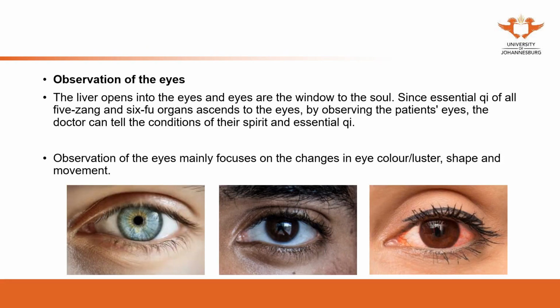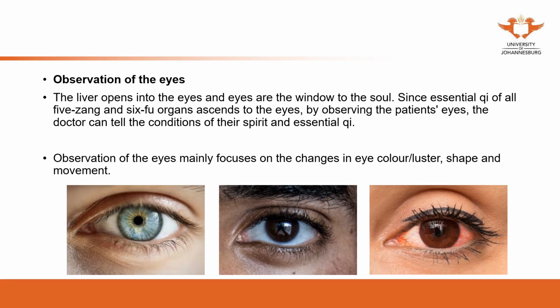The first one we're going to talk about is the eyes. When we studied the five elements theories, we mentioned that there's one theory we're going to discuss in diagnostics, the five wheels theory. That comes from the inspection of the eyes. The inspection of the eyes is very important, especially at the beginning of the inspection. We talk about the inspection of the spirit. How to inspect the spirit?